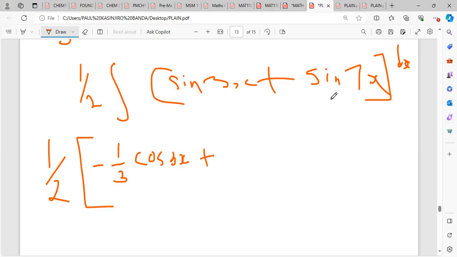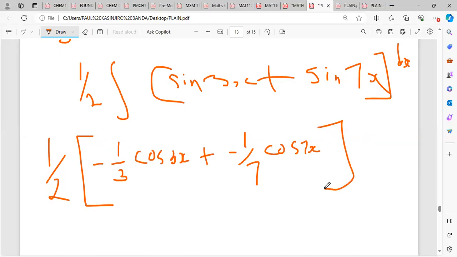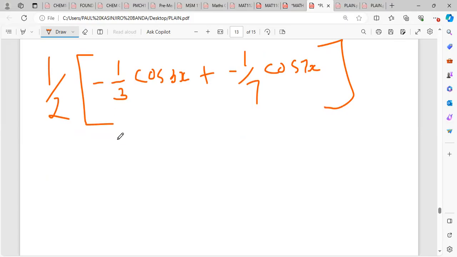Then you say plus, what do you get when you integrate sine 7x? We say 1 over whatever number is there, which is 7, minus, then this will be cos 7x. So this is what we have. Then we close the brackets and multiply by the half.